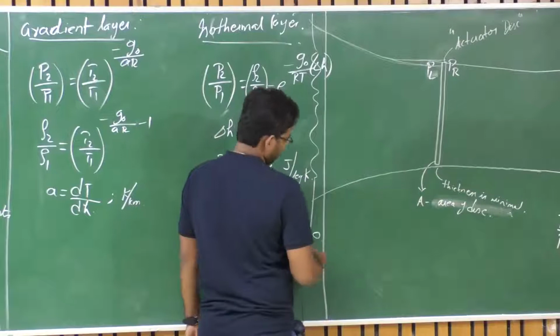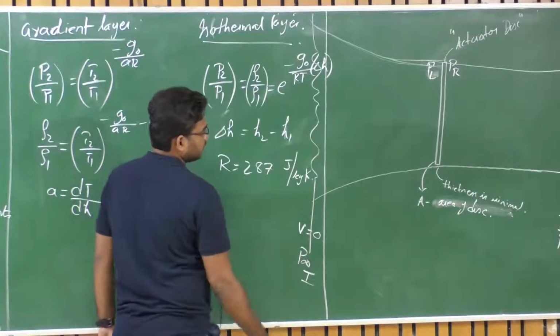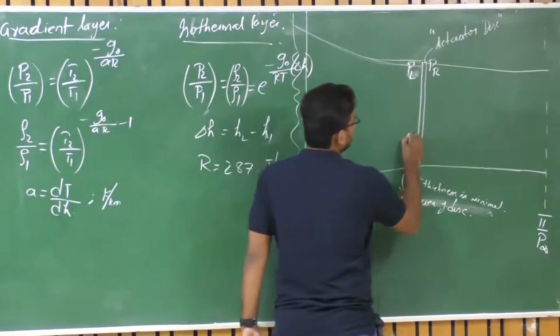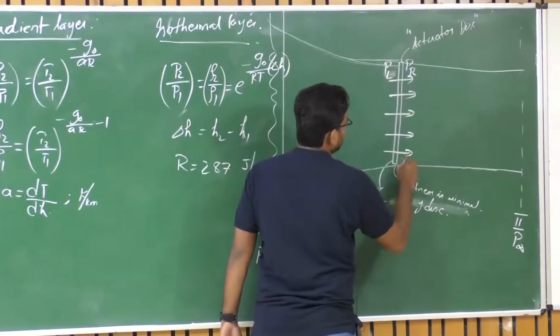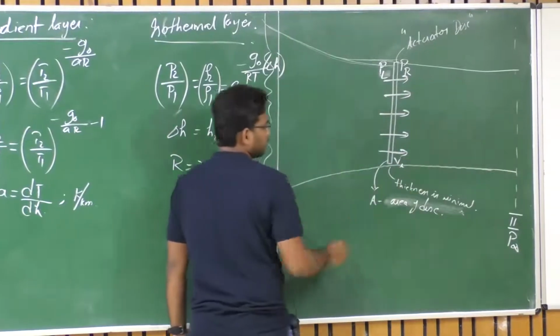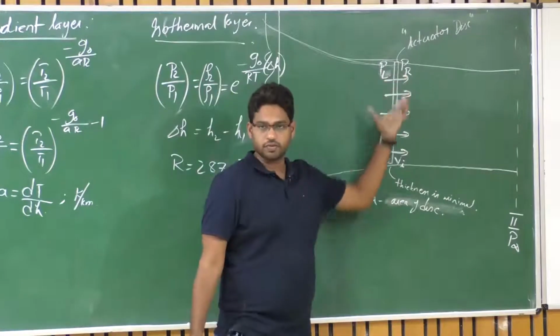So at station 1, I have P infinity and V is 0. And at station 2, this disk is inducing a certain velocity to this flow, which is nothing but Vi here. Let Vi be the velocity induced to the flow because of this disk.